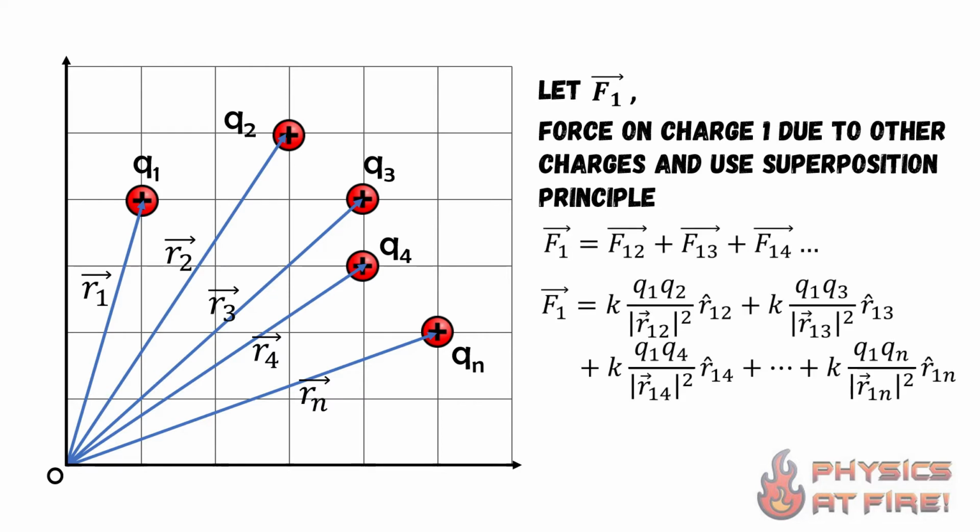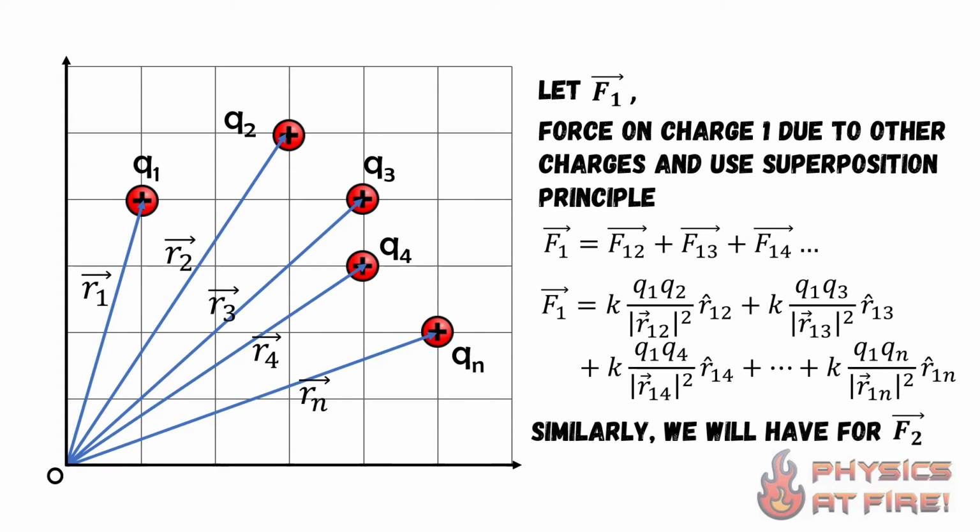So, F1 will be equal to F12, which is the force on 1 due to 2, plus F13, which is the force on 1 due to 3, and so on. Which implies, F1 is equal to K Q1 Q2 by R12 square times R12 cap, plus K Q1 Q3 by R13 square times R13 cap, plus K Q1 Q4 by R14 square times R14 cap, and so on, up to K Q1 Qn by R1n square times R1n cap.